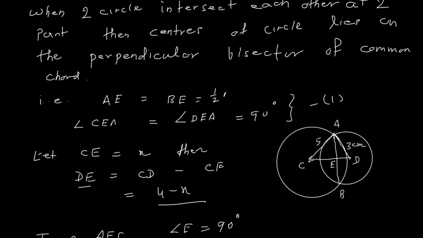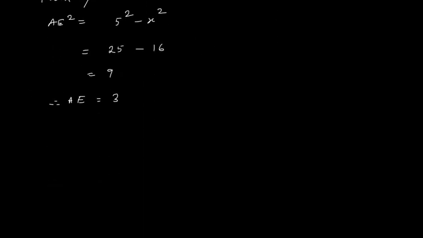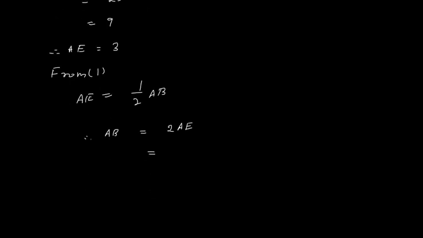From equation 1, AE is equal to half of AB. Therefore AB is equal to 2AE, which is 2 into 3, that is 6. So the value of AB we got is 6.